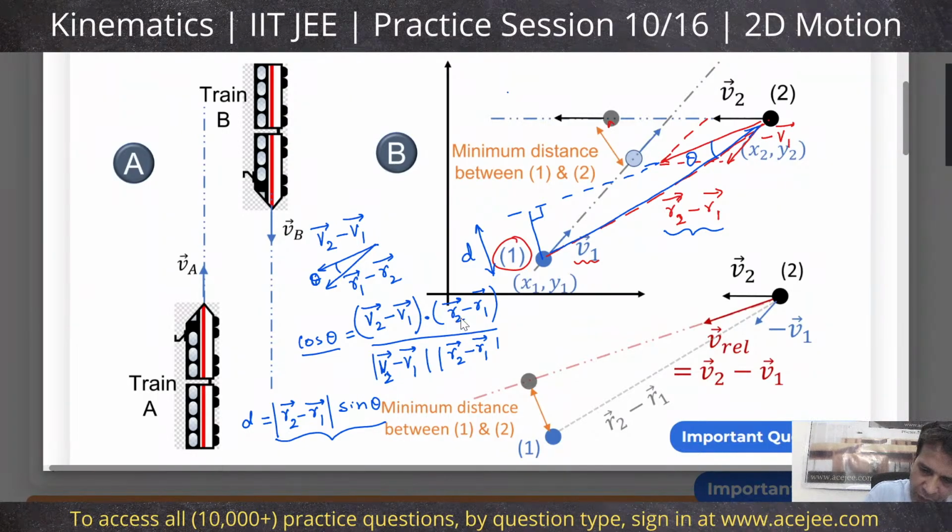Sorry, Beta. First of all, I need to correct this. I wrote R1 minus R2, that's what I wrote here. Tell me one more time, what's the confusion? I didn't understand how you got the V2 minus V1. Okay. V2 minus V1 was the relative velocity vector.